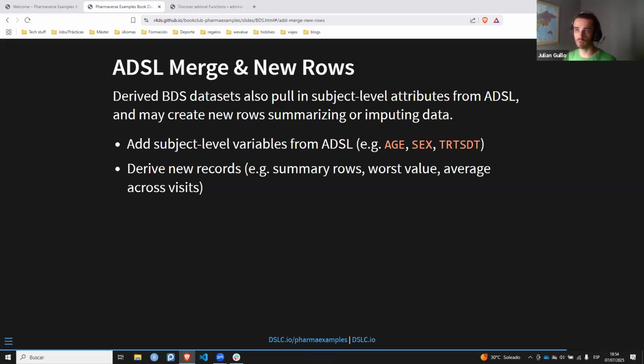What we usually do is merge the ADSL into these tables, so that we now have different things like the age, the sex, the treatment start date, and several other variables. This allows us to create some new records, like creating summary rows or getting the worst value for that specific age group, or whatever.